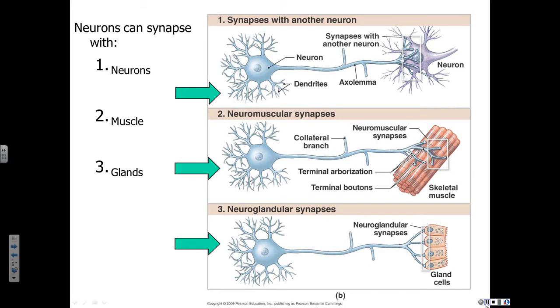Dr. Westphal will talk a lot about this. I will mention a little bit today, and I will talk a lot about this when I talk about muscle, about a motor neuron connecting to a skeletal muscle and causing you to move something, like your arm, your leg.